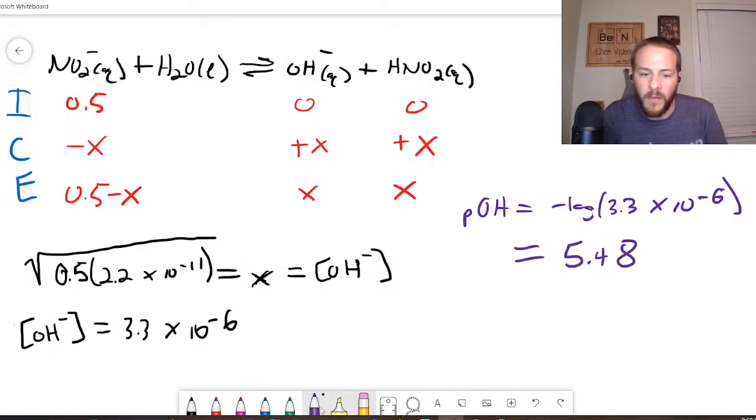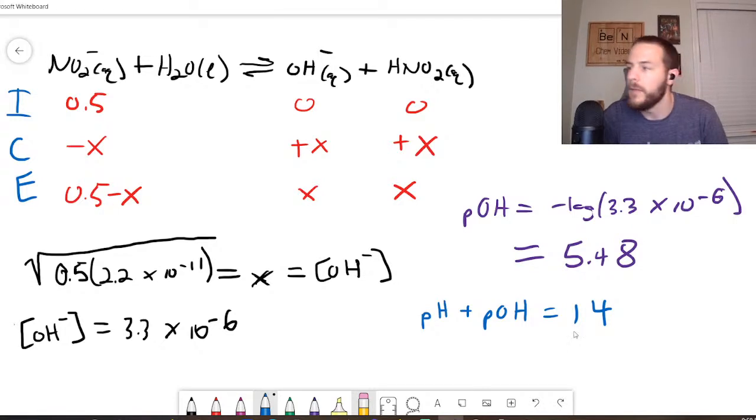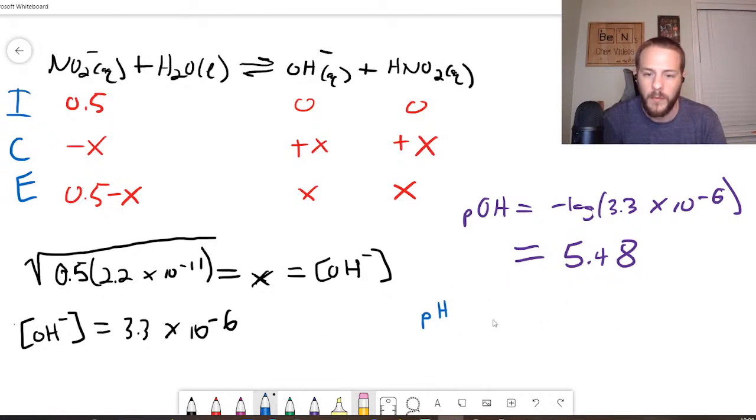5.48, that's our pOH, and then we also should know at this point that the sum of pH and pOH is equal to 14. This is assuming we're at 25 degrees Celsius. Unless I say otherwise, I'm talking about 25 degrees Celsius because it's the most commonly reported temperature for these types of problems. So pH is going to be 14 minus the pOH, in this case 5.48.